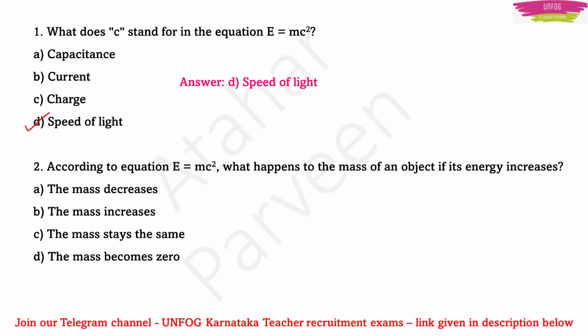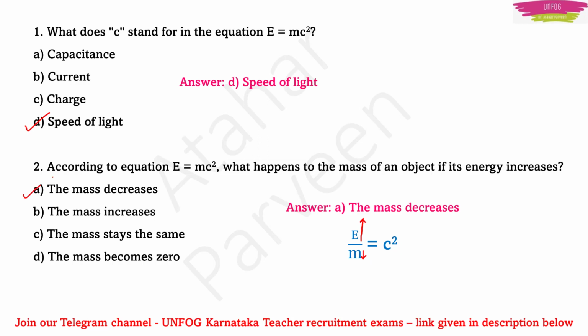Next, question number 2. According to the equation E is equal to mc square, what happens to the mass of an object if its energy increases? See, E is equal to mc square is there. They are asking what happens to the mass of an object if energy increases. So our aim is to maintain E by m as c square. So if E is increasing, m should decrease. Correct? So option A will be the correct answer.